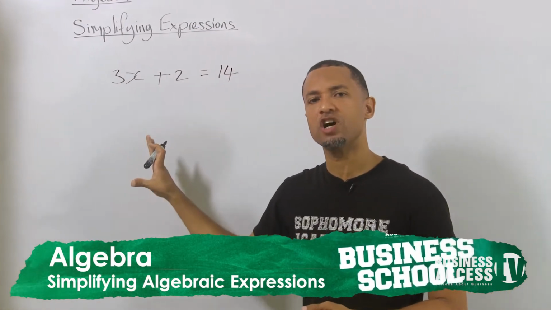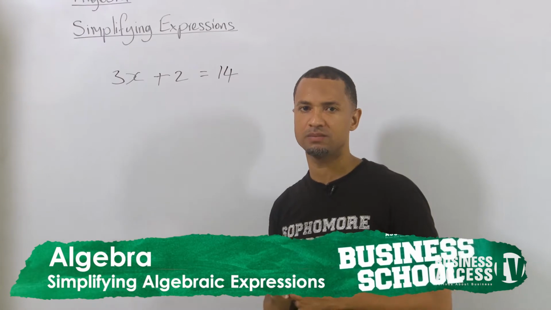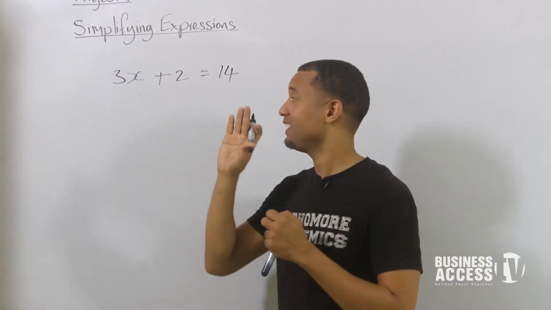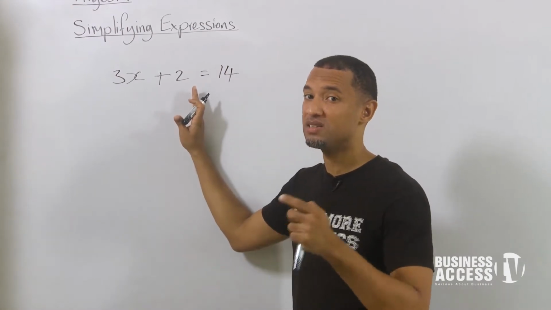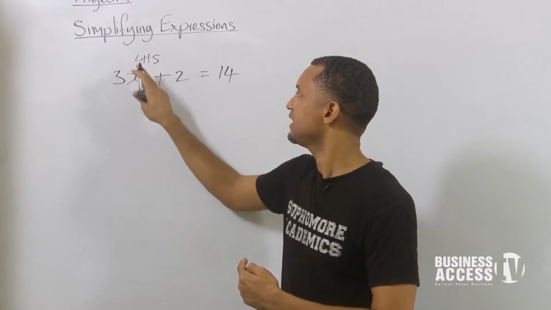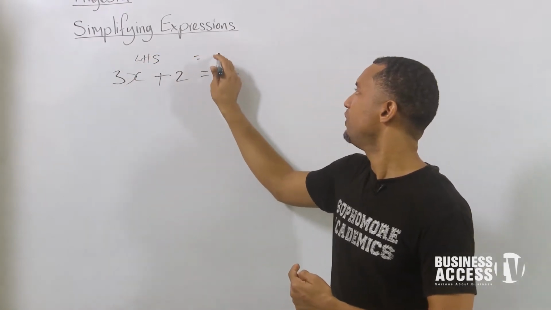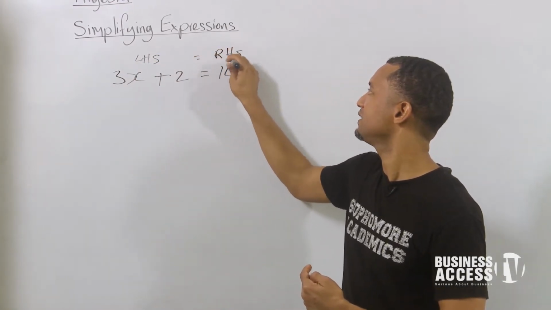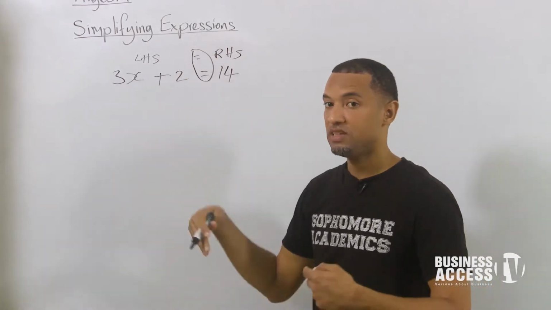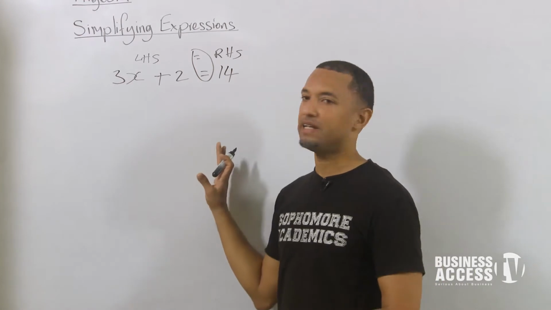Is this an expression or is it an equation, ladies and gents? I hope you said it was an equation, because that's what it is. You notice we have this left hand side being equal to this right hand side. It's an equation. Equal sign, equation. So this is not an expression, ladies and gents.